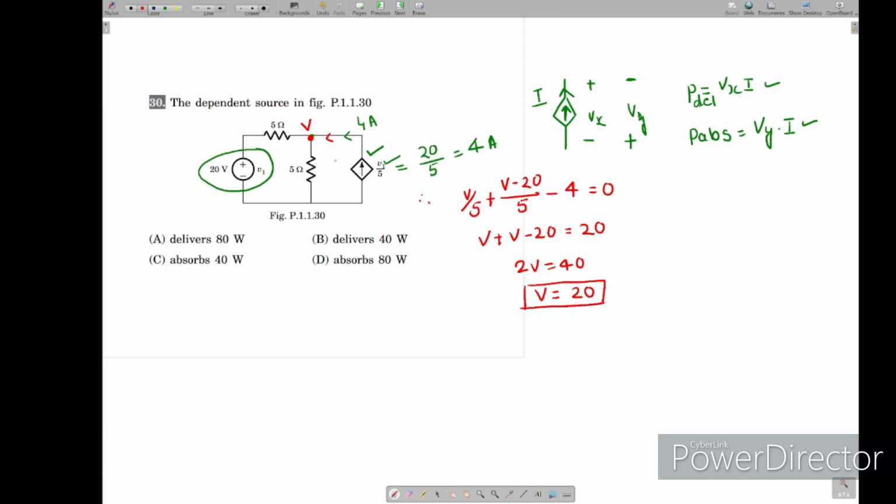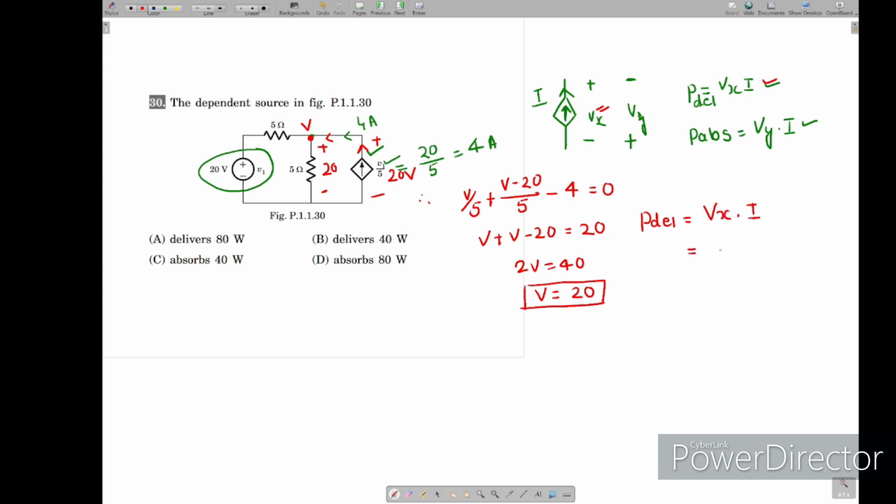Now you see this V, I got 20. So this is V here, 20 volts. Now which one is this matching? This current is going like this, so it is matching with the first one. Vx is power delivering. What is the formula of P delivered? It is Vx times I, as I told you.